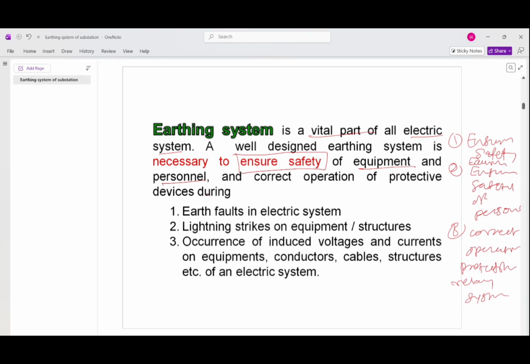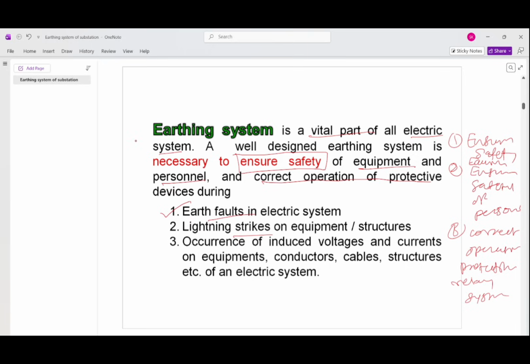Protective earthing is required for the correct operation of protective devices, for earth fault current in the electric system, and for lightning strikes on equipment and structures.